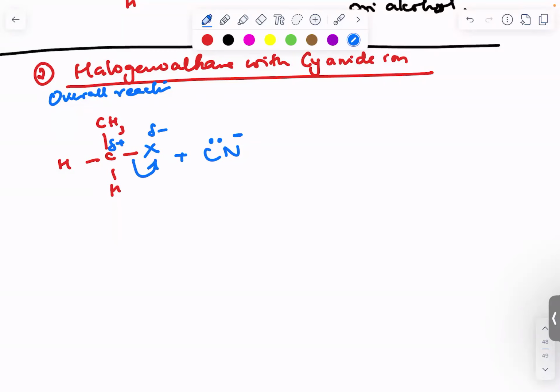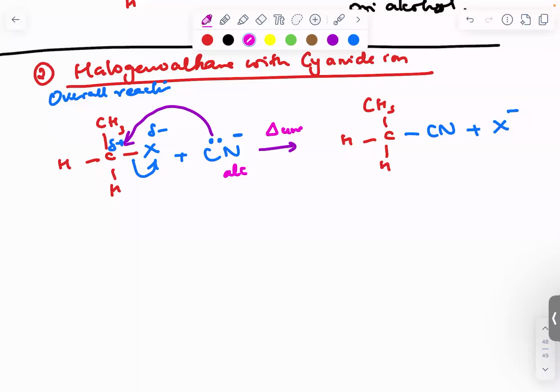This bond would get broken, and the tail will start from this lone pair, and I am going to get CH3CH2CN, plus X negative, which is the leaving nucleophile. This is the overall reaction. Again, as I told you earlier, this should be alcoholic, alcoholic and heat under reflux.